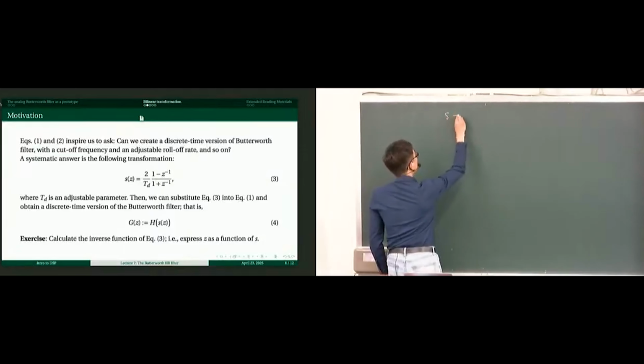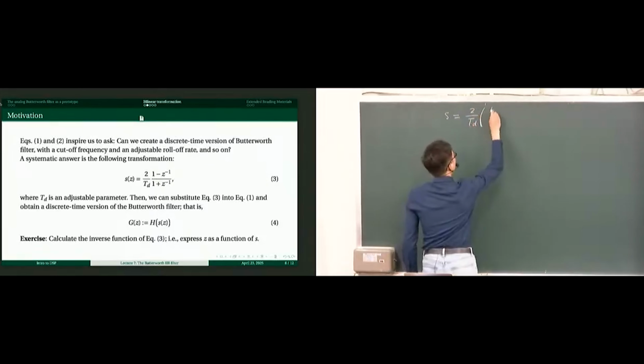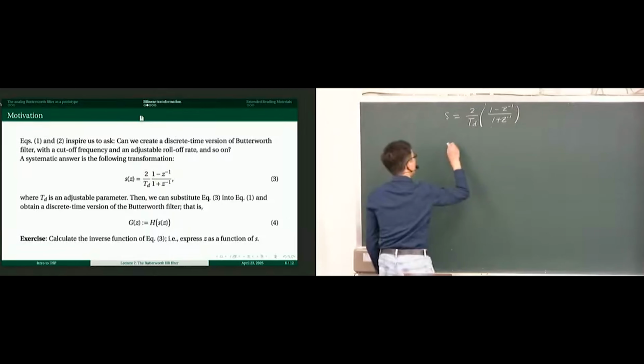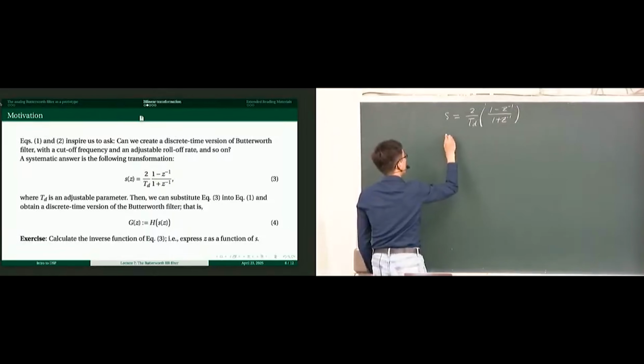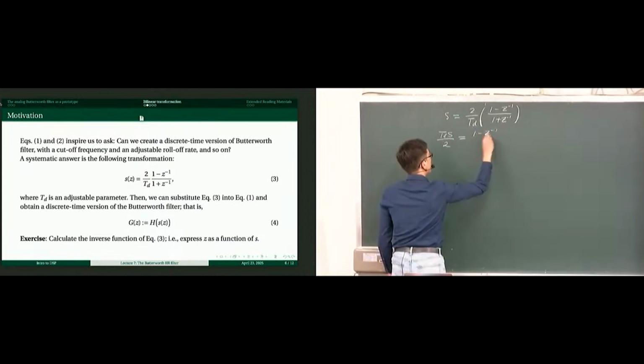So if S equals 2 divided by TD, times 1 minus Z inverse over 1 plus Z inverse, then TDS divided by 2 is 1 minus Z inverse over 1 plus Z inverse, right?